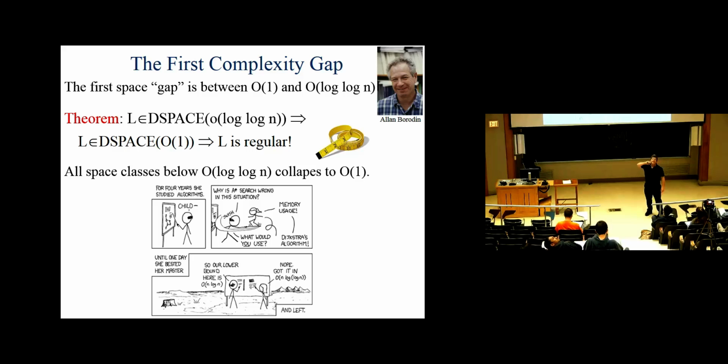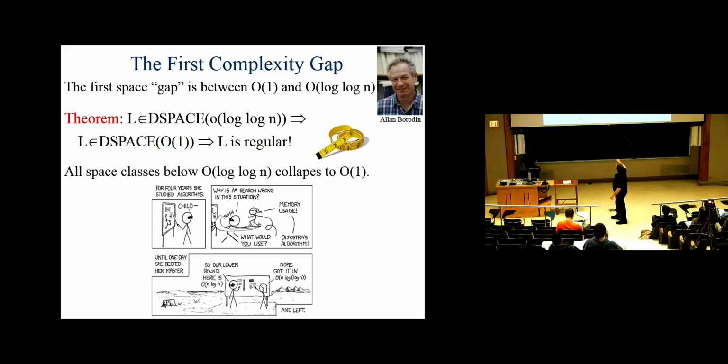In other words, there's nothing that you can do in less than log-log that you can't do in just plain old constant space, which is the same as no space. It means it's regular. It's a finite automaton that recognizes it. That's what it says. It's not easy to prove, but I'm just bringing it to your attention because it's a really cool result. It shows you a big gaping gap between constant and log-log.